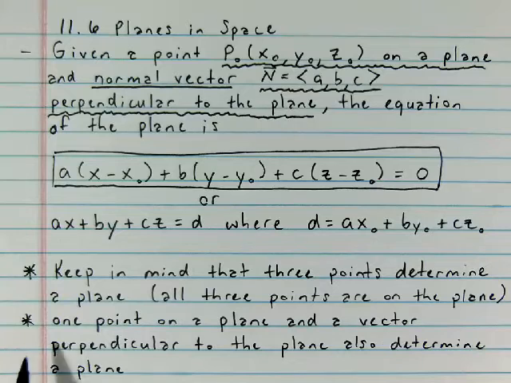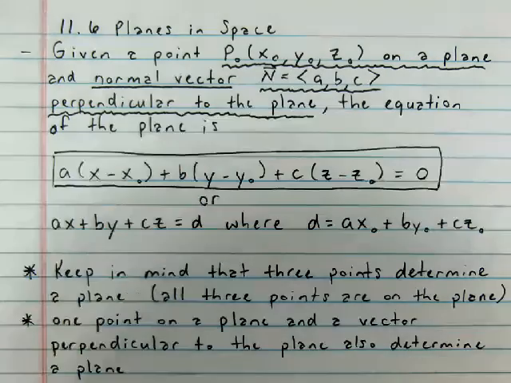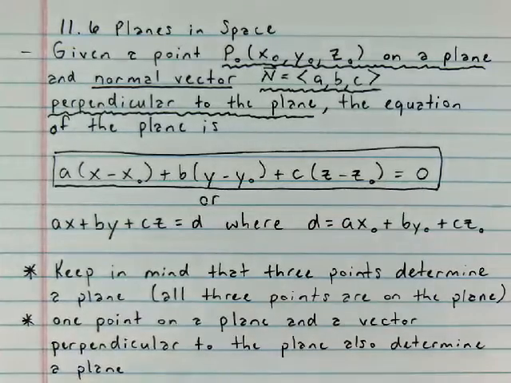So this second asterisk here, a point on a plane and a vector perpendicular determine a plane, is the technique that we'll also use to find the equation of a plane as well.